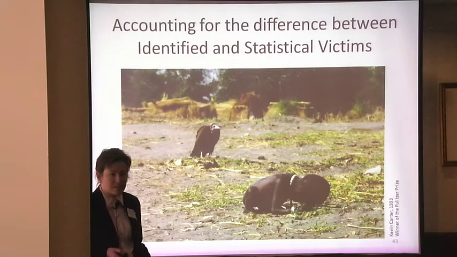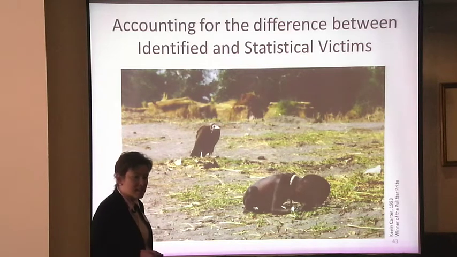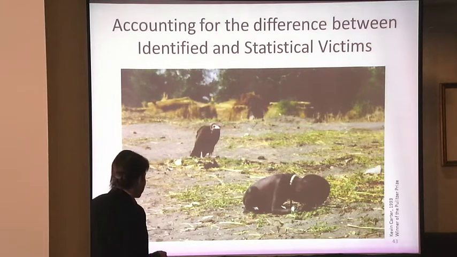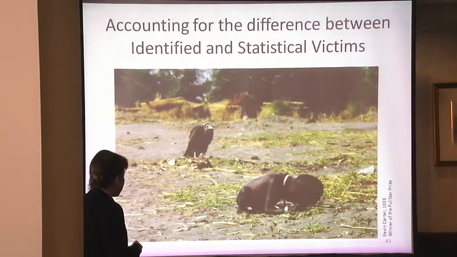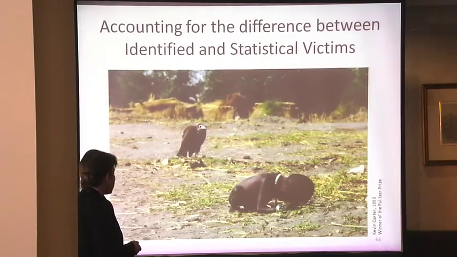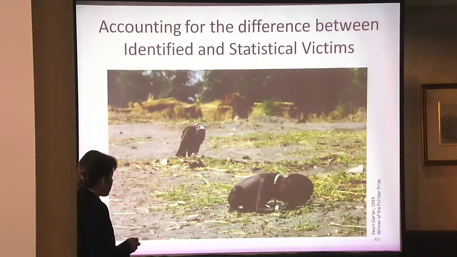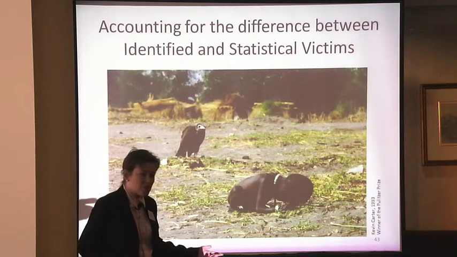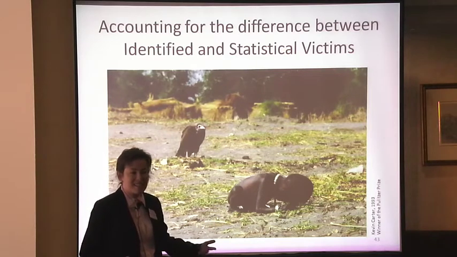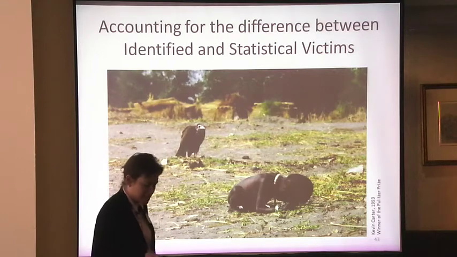I invite you to just look away, and you'll still be fine in understanding the general themes. This one happens to be a Pulitzer Prize-winning photograph. I'm pretty sure it's taking place in Sudan, and you can see the vulture in the background and the starving kid. So I think probably most of you have a much stronger reaction to this than to that table of statistics.